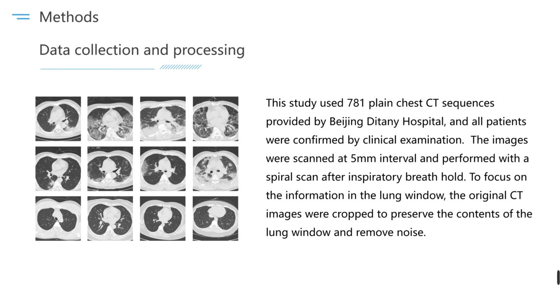The CT images were obtained using a spiral scan with a 5 mm interval after inspiratory breath-hold. To focus on lung window information, the original CT images were cropped to remove noise while preserving lung window contents.